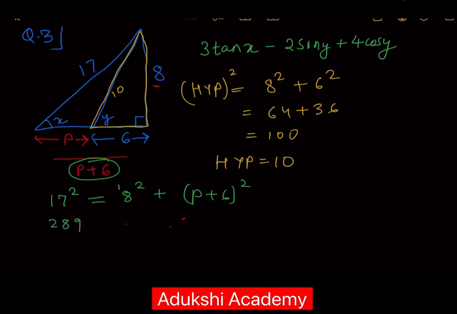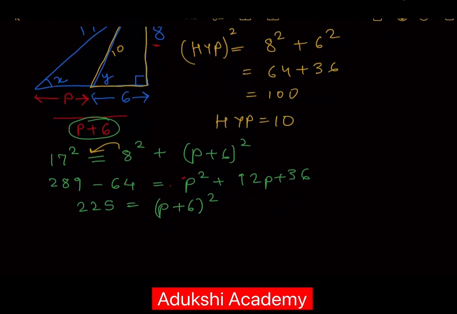Transpose this 8 square to the left hand side, so we are getting minus 64 is equal to p plus 6 the whole square. So now square root on both the side, 225 is the square of 15. So taking square root on both the side, 15 is equal to p plus 6, that means p is equal to 9.